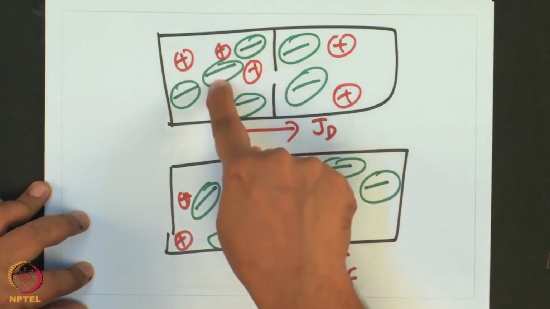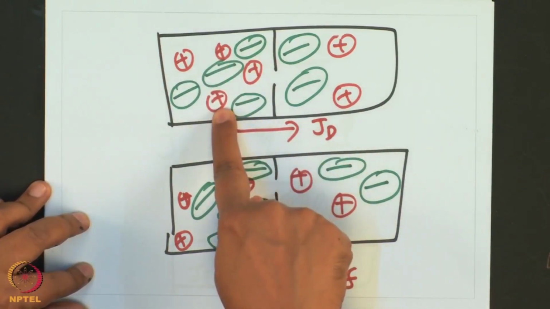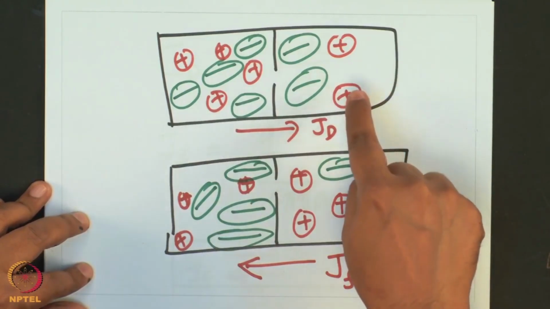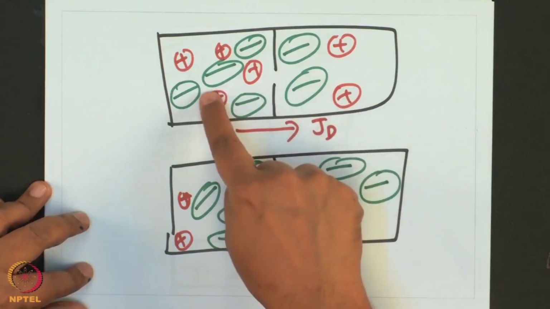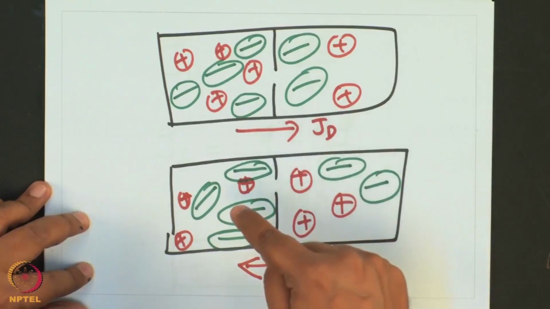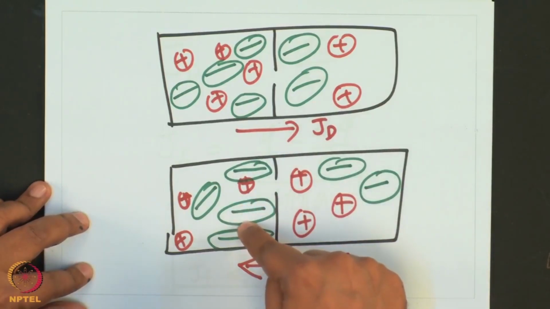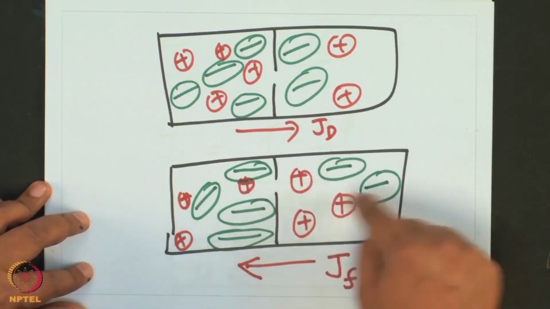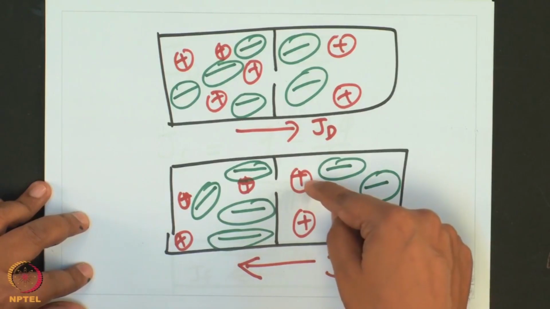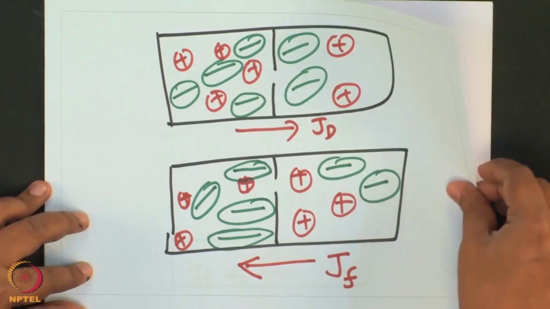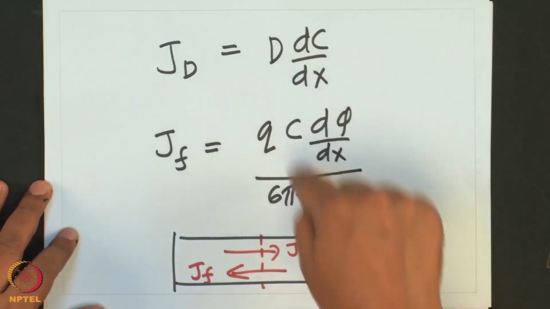When there is more number of positive ions on this side and less number of positive ions on this side, positive ions will flow from here to here. When there is more number of negative ions on this side and positive ions are more on this side, there is an electrostatic potential difference. So this plus would be pulled back, and that flow is Jf. So these two flows will balance and their magnitudes are this. So we will equate these two.